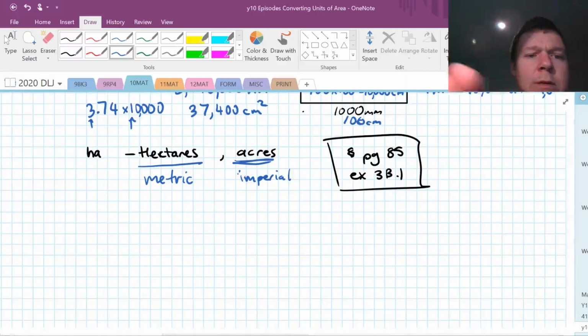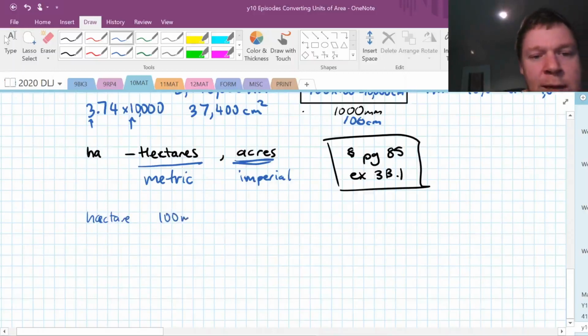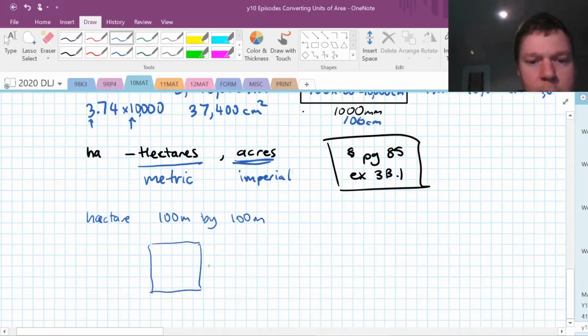So let's work out some hectares. So a hectare is 100 meters by 100 meters. So if we had a square that went 100 by 100, then we would have 1 HA.